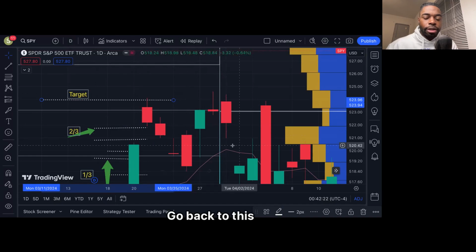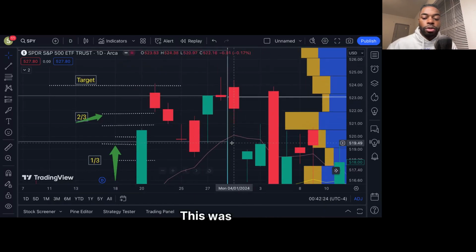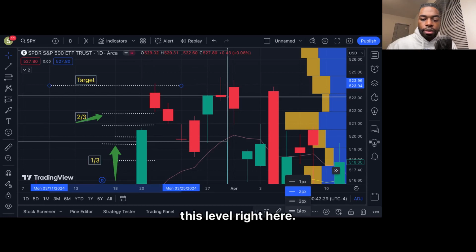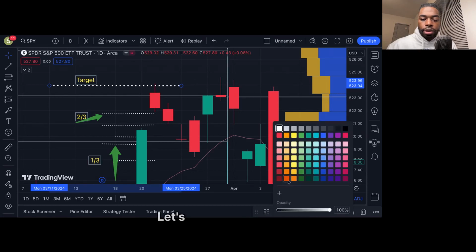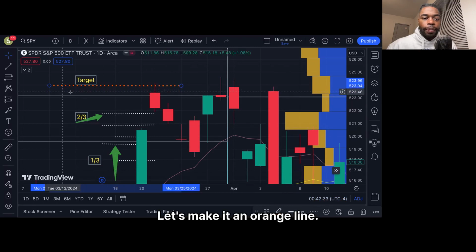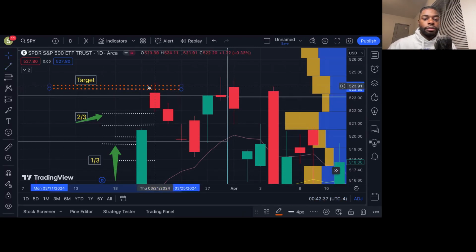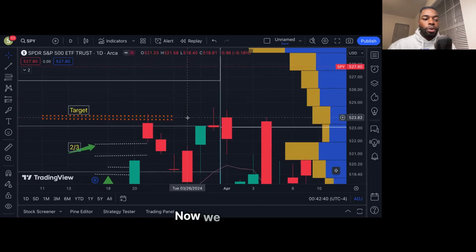Let me go back to this tab here. So let's say we hit our target. This was our target, this level right here. Let's make it an orange line. So this line was our target, and we hit it. Now we made money.